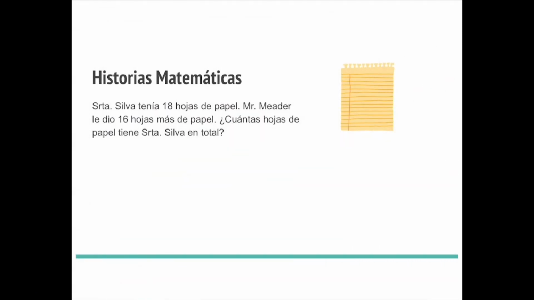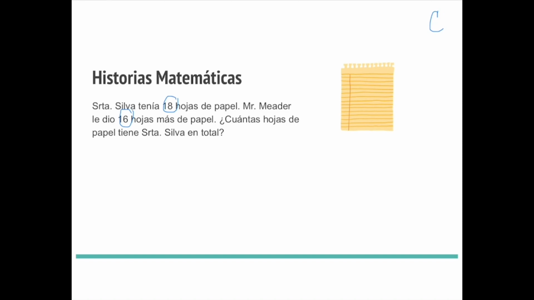Sigamos. Señorita Silva tiene 18 hojas de papel. Mr. Miller le dio 16 hojas más de papel. ¿Cuántas hojas de papel tiene señorita Silva en total? De nuevo, empecemos con la C. 18 y 16.